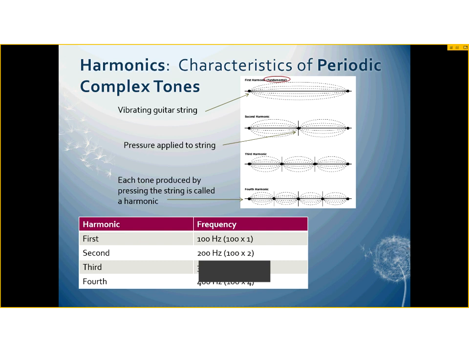If this is one string here and we pluck it, it's vibrating. But if we want it to produce 2 frequencies, which are multiples of the first, we put our finger here, then strike the chord, and now we have vibrations here and vibrations here. These are multiples of this one. Let's say the first harmonic, the lowest vibration, would be 100 hertz.